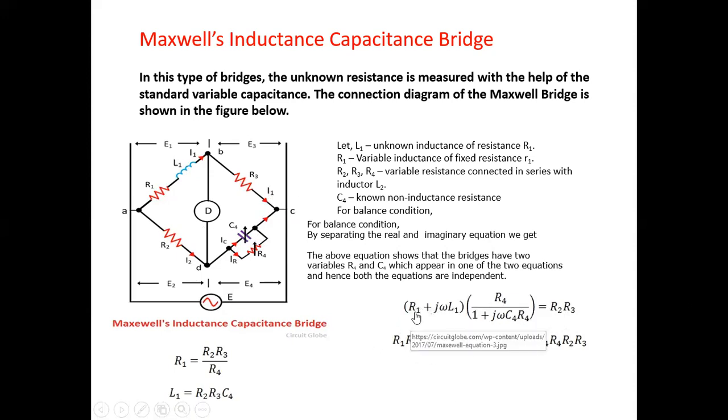Rearranging the terms by multiplying, R1 R4 plus j omega L1 R4 is equal to R2 R3 plus j omega C4 R4 R2 R3. Separate the real and imaginary parts. Then R1 R4 is equal to R2 R3, so R1 is equal to R2 R3 upon R4. This is the final equation for finding the resistance of the inductor.